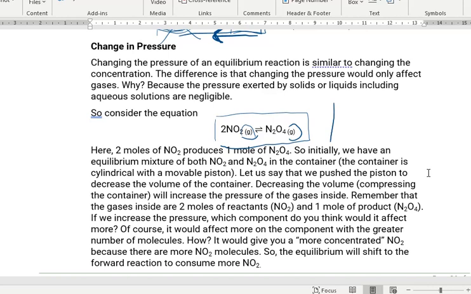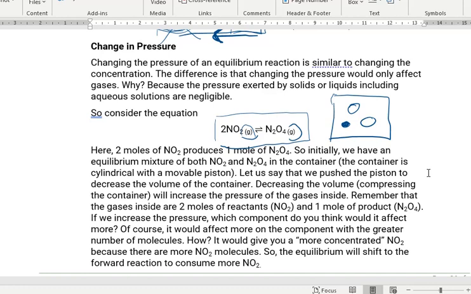So, inside the system, for example, that is your flask containing NO2 or N2O4. If these are N2O4, so you have, for example, 1 mole of N2O4 and 2 moles of NO2. If you have that, okay, that's your system.